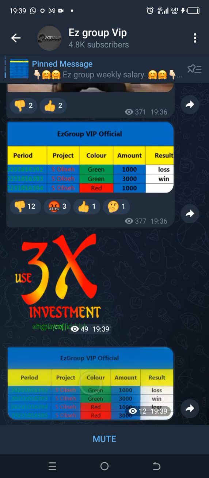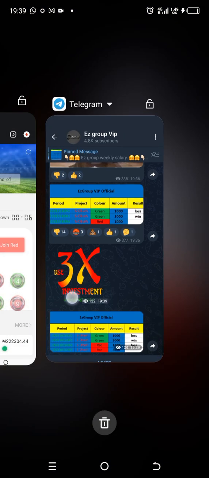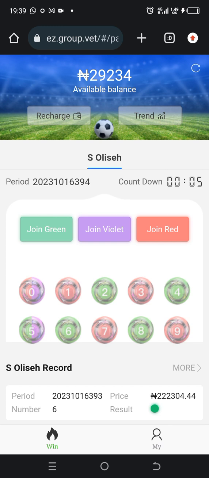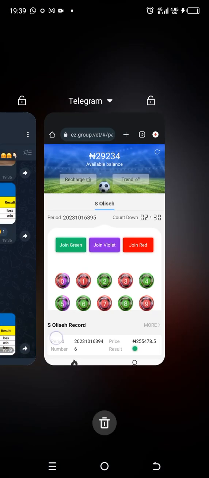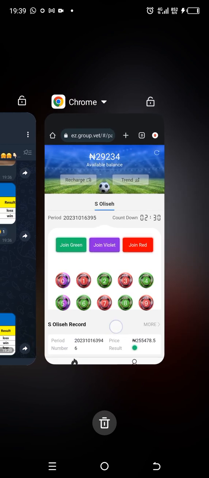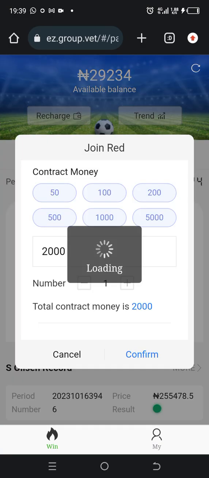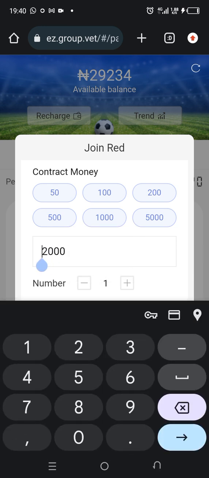And that was a loss. So we have to do the next trading, which is on a 3 level. So we have to triple this money. We are going red again, if I'm not mistaken. Yeah. So you click on red, and this time around you go times 3. That's 3x, and that should be 6,000.